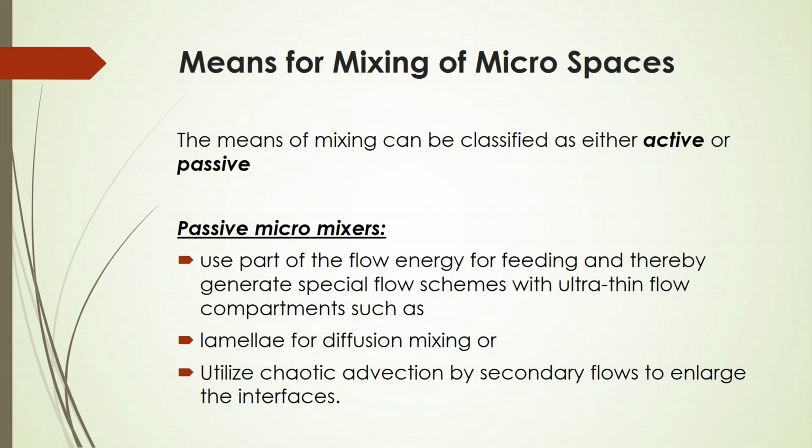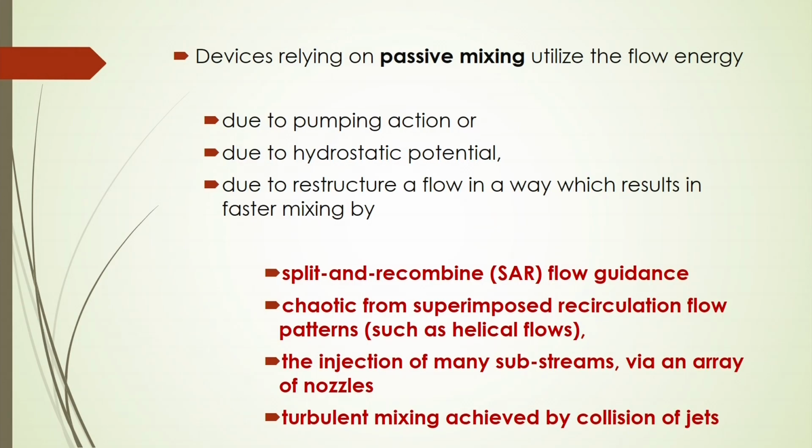Now, passive micro mixers use part of the flow energy for the feeding, and thereby generate special flow schemes with ultra thin flow compartments, such as lamella for diffusion mixing, or utilize chaotic advection by secondary flows to enlarge the interfaces. Devices relying on passive mixing utilize the flow energy, maybe due to the pumping action, or due to the hydrostatic potential, to restructure a flow in a way which results in faster mixing by different means.